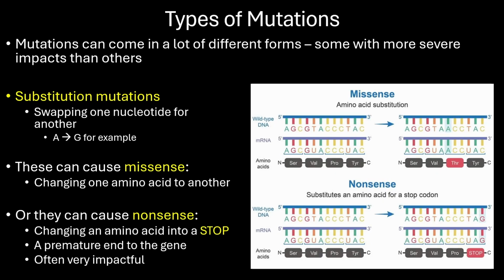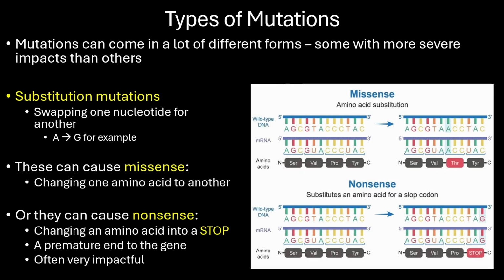Substitution mutations are one example. This is an instance where we swap one nucleotide for another. For example, swapping out an A for a G on a strand of DNA. This can cause something we call missense. The resulting amino acid that this codes for changes to a different one.